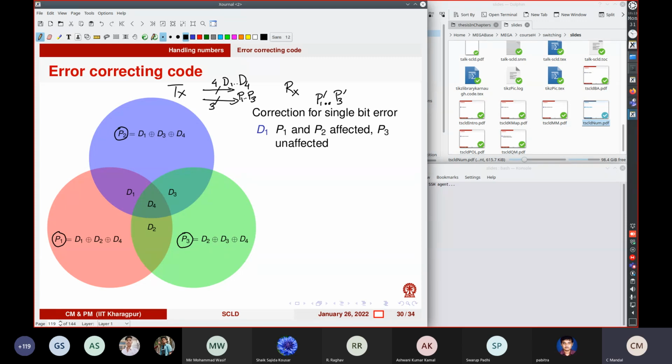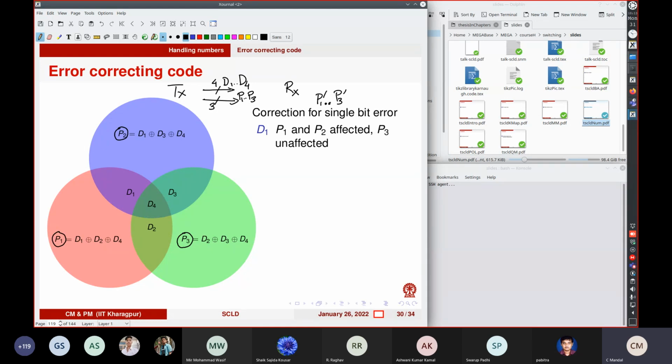We are assuming that only a single bit is in error. So none of the other bits are affected, and therefore none of the parity bits are affected.